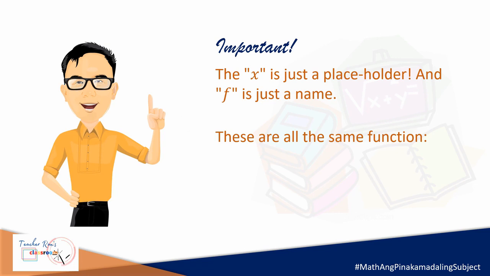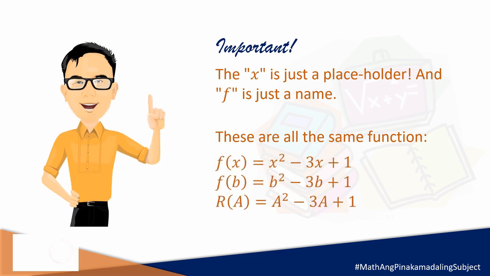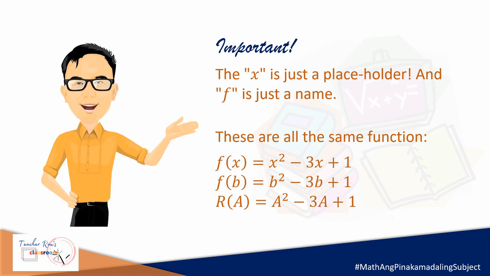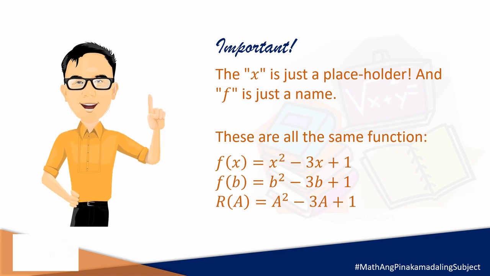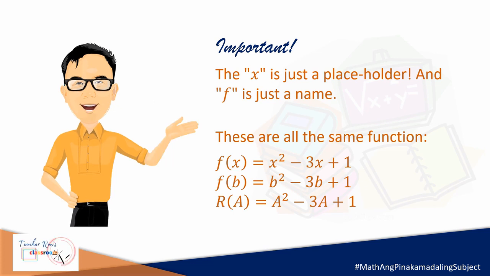Therefore, these are all the same function. f of x equals x squared minus 3x plus 1 is the same with f of b equals b squared minus 3b plus 1, and also the same with r of a equals a squared minus 3a plus 1.